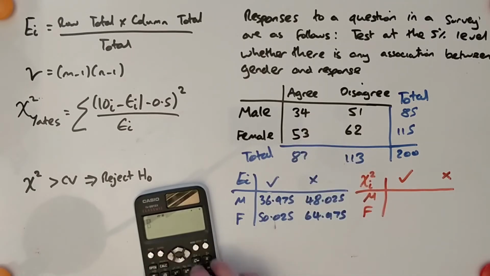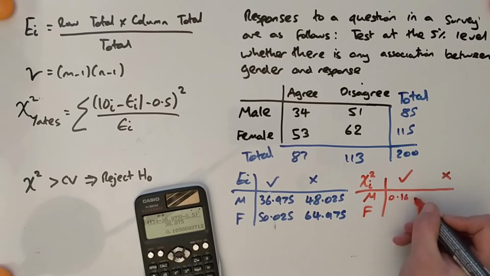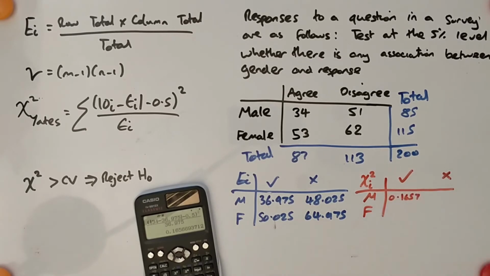First we're going to put in the brackets, so absolute, so 34 take away 36.975 minus 0.5, close the brackets and square it, and then divided by 36.975. Gives me a value of 0.1657 to 4 decimal places. 4 decimal places is plenty.